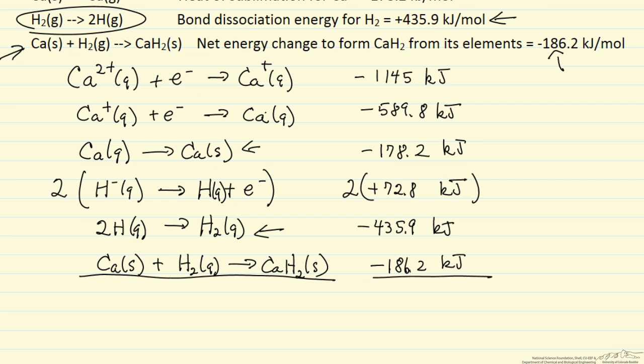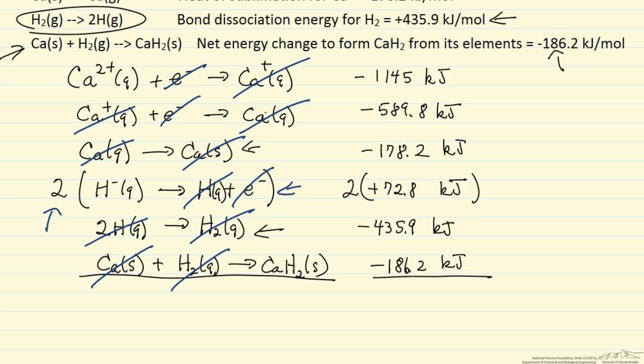What we want to do then is go through and cancel out what's on both sides of the equation. In other words, if we have calcium plus on both sides of the equation, we add them together, then these will cancel. Likewise, calcium in the gas phase, calcium solid, H2, 2 H's because of the 2 here, and 2 electrons here, and then because this equation is multiplied by 2, the electrons also cancel.